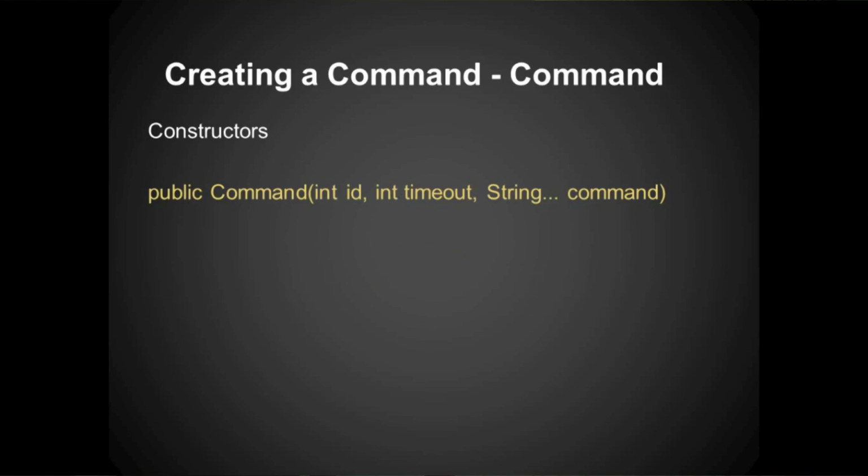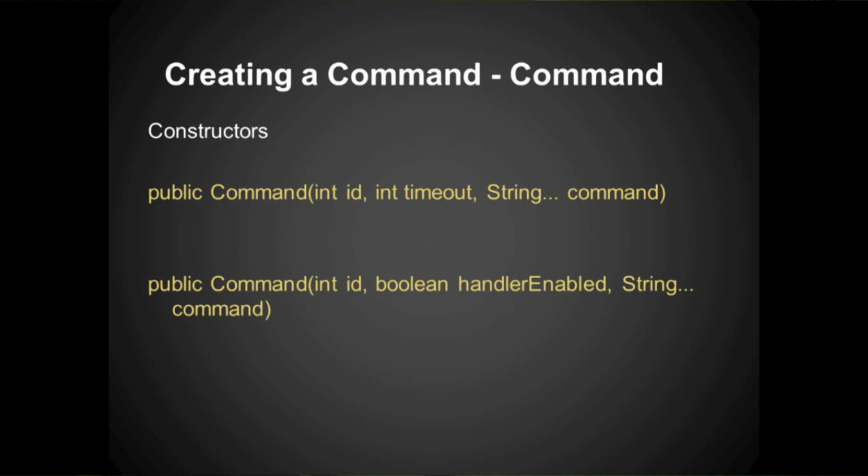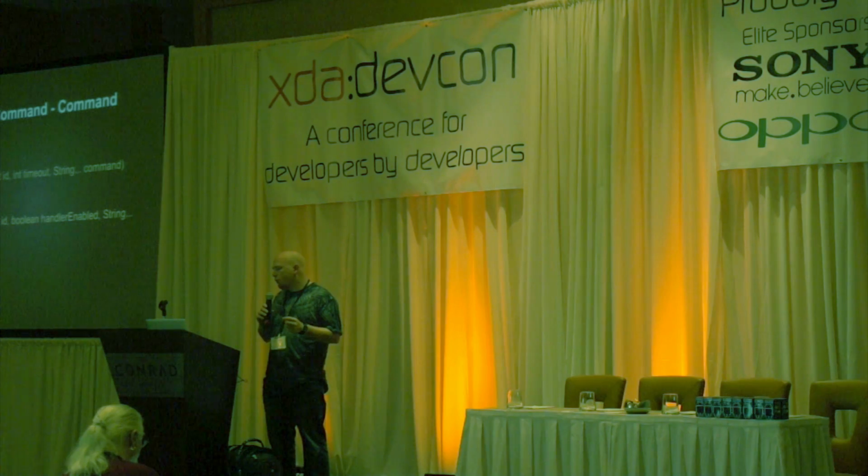The second constructor that we have also has 3 arguments: the ID of the command that you're creating, a Boolean value indicating whether or not you want to enable the internal command handler, and the commands that you want to send. Now, I want to talk about the handler that RootTools uses, and I'll show you a little bit more about it later in my demo application.